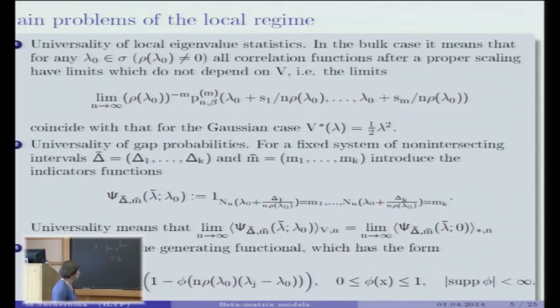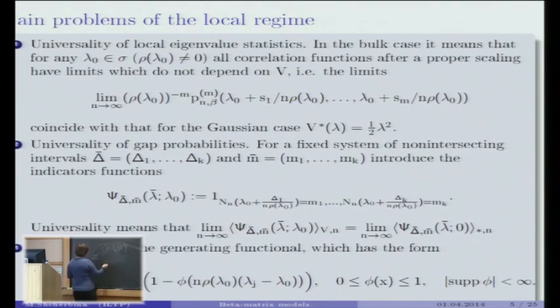Of course, this indicator function could be written, but the formula is not so short, so I just write how it looks in the case m equals 0. For example, this is the indicator of the event that the interval delta is empty.